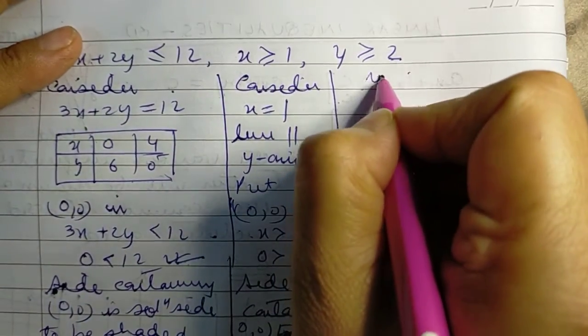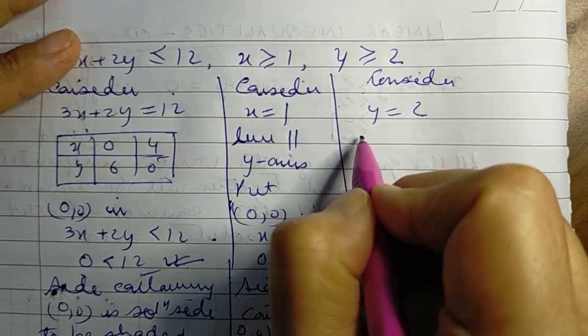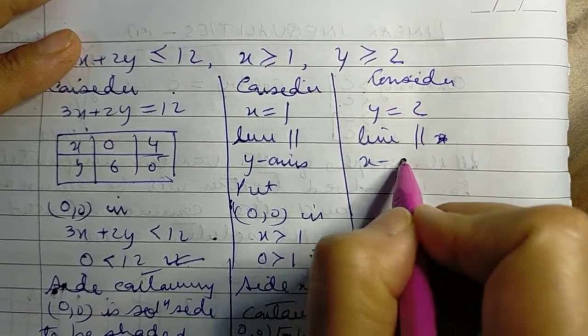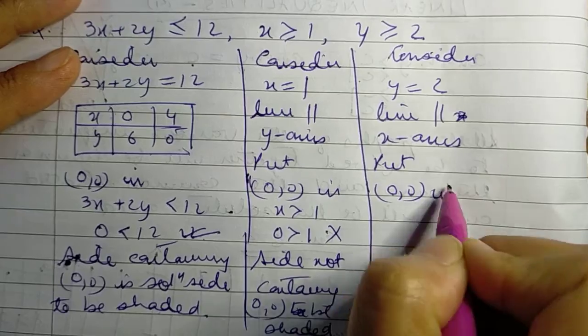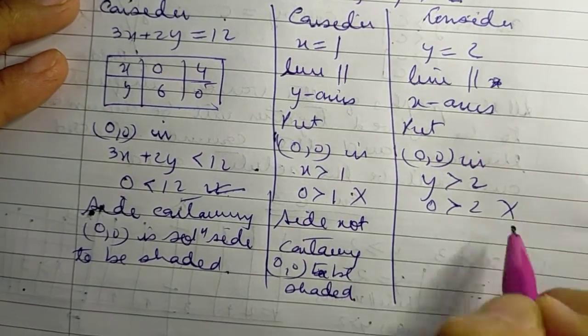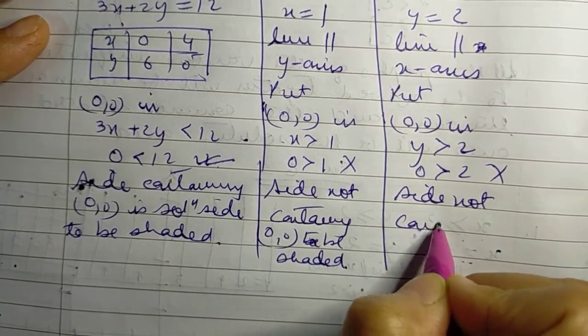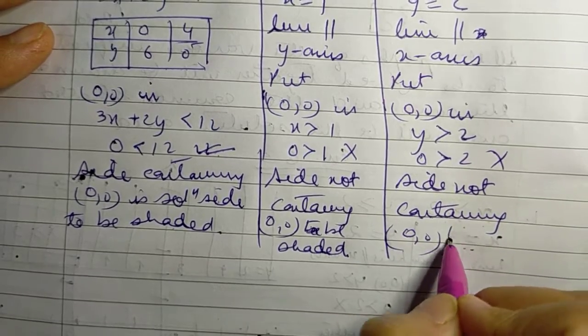Similarly, we consider y equal to 2. This is a line parallel to the x axis, and then we put the origin in the inequality. So we get 0 greater than or equal to 2. Again it doesn't hold. So the side not containing the origin is to be shaded.